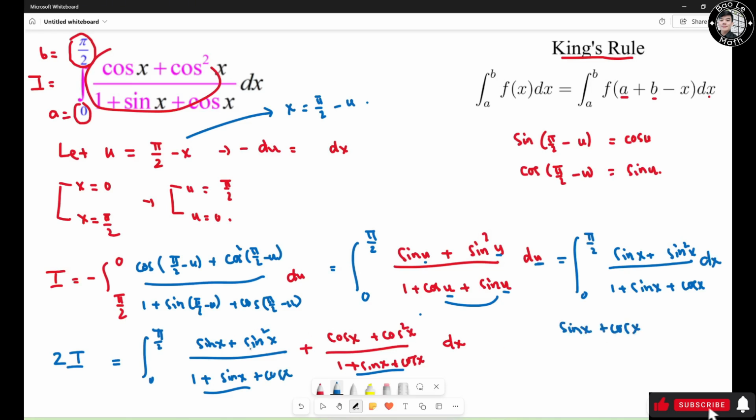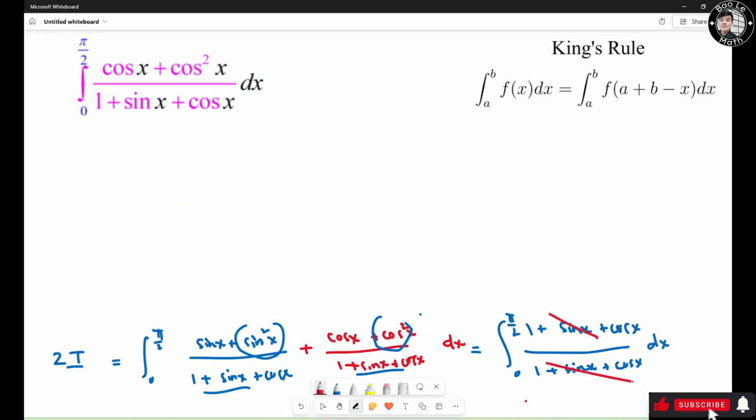Now sine square of s plus cosine square of s is 1, so I put 1 right here. Bottom should be 1 plus sine s plus cosine s. So I rewrite the integral from 0 to pi over 2, and I put the s right here. This guy right here cancels out. So I have 2I equals the integral from 0 to pi over 2 of ds.